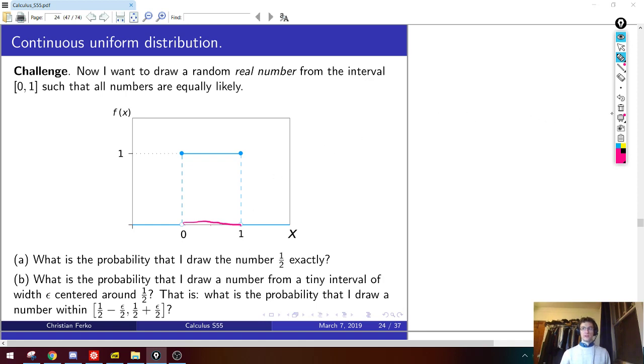Good. Now, question for you. You just told me the probability of picking any particular number in this interval is 0. But then you told me that the probability that I pick some number in this little interval around 1/2 is, say, epsilon over 1, which, let epsilon be 0.1 or something. So that's 10%.